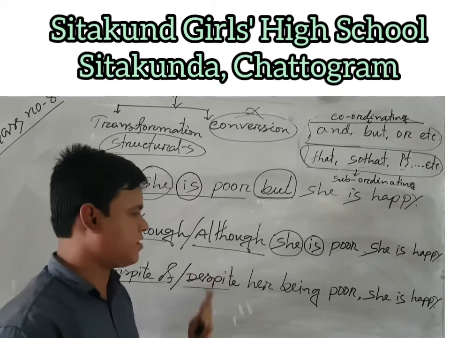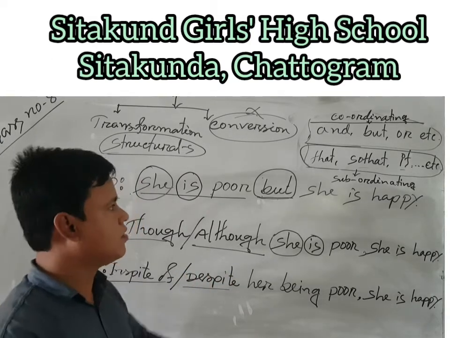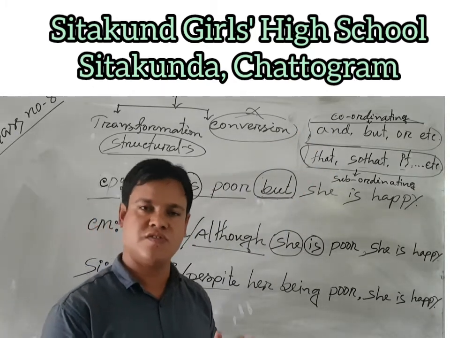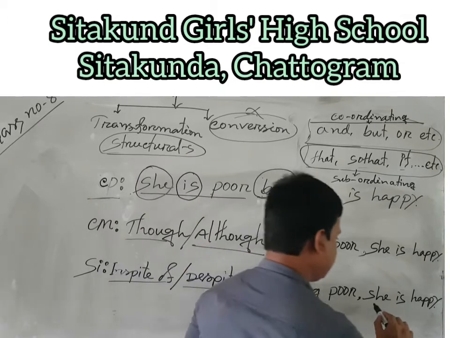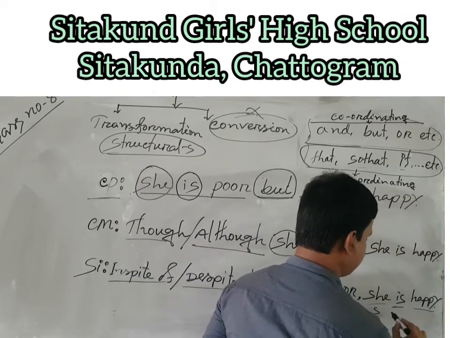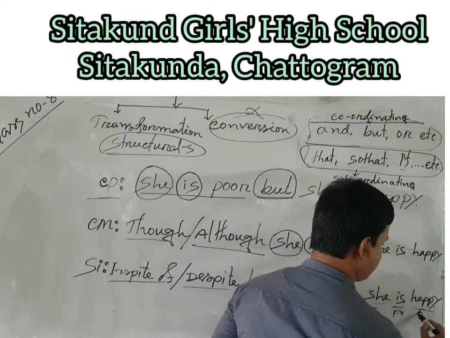In the simple sentence, there is no conjunction, subordinate or coordinate. So this is simple because this is a subject and a finite verb and an extension. Subject, finite verb and extension.